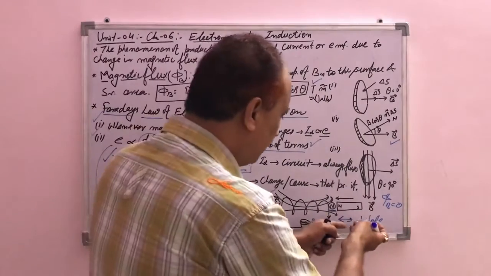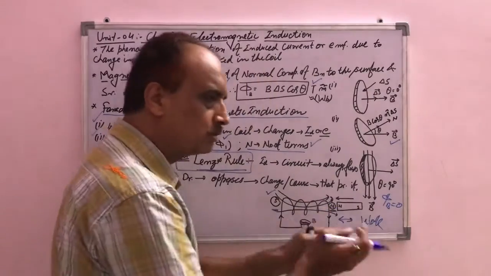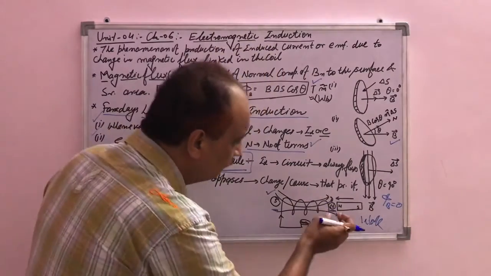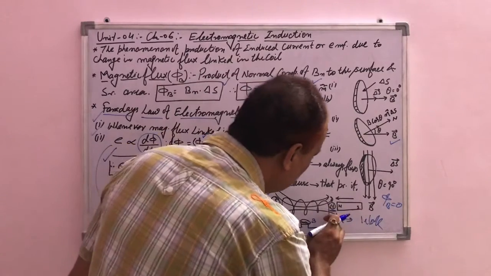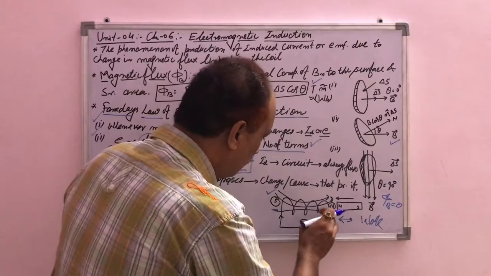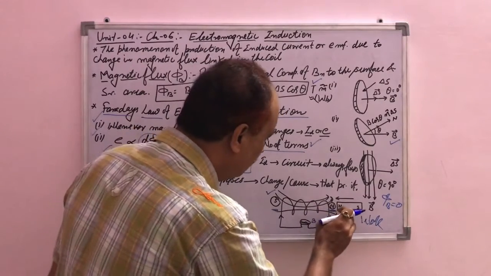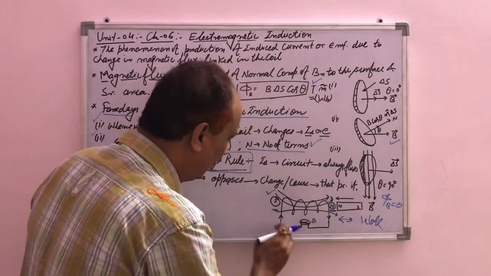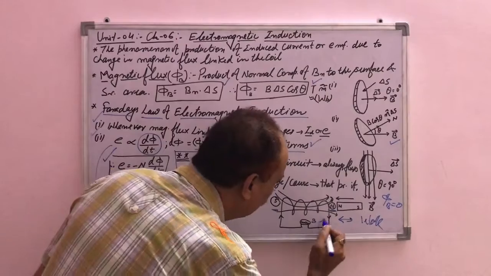We have to do work against the force acting between the N poles, that is the repulsive force. When work is done against this force, magnetic flux is continuously changing in the coil, a current flows continuously in the coil, and the bulb will glow.